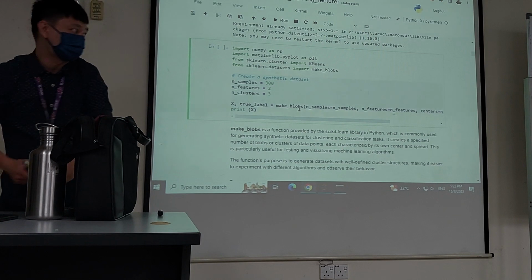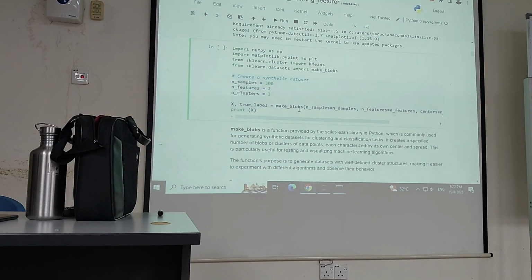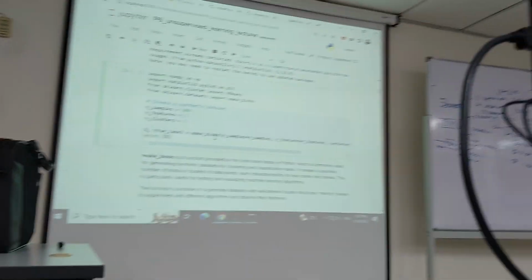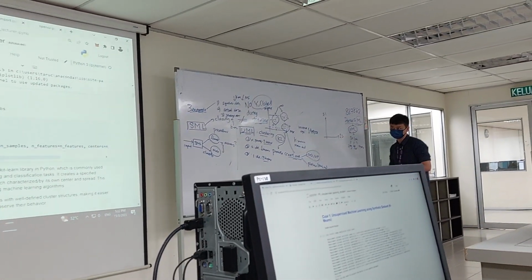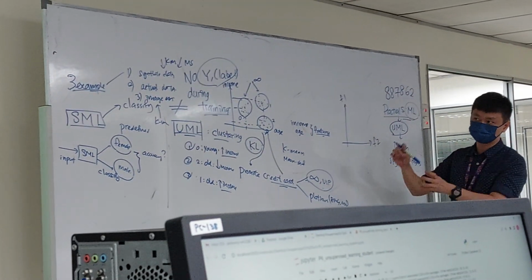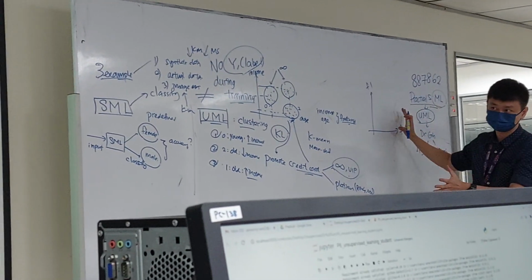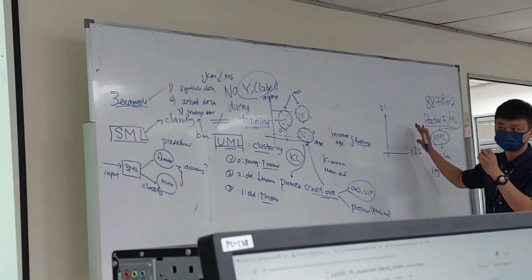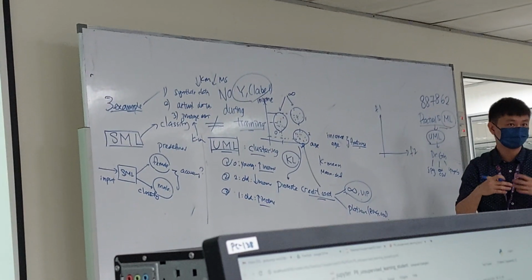So in this case, I would like to create 300 samples. It means that I have n_samples 300. n_features 2 means that I have only 2 features, feature 1 and feature 2. Okay, and I will ask the machine to generate 300 samples onto this space and provide this data in 3 different clusters, very distinct clusters.